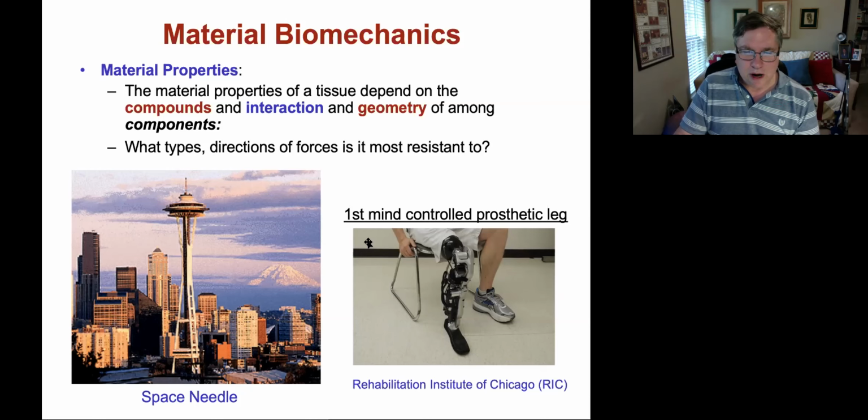In terms of prosthetics, we have prosthetics that are made of light steel and carbon and usually, I guess, titanium materials that are light, that are stiff, that can be controlled as well. So at the Rehabilitation Institute of Chicago, this is the first mind or brain controlled prosthetic leg.